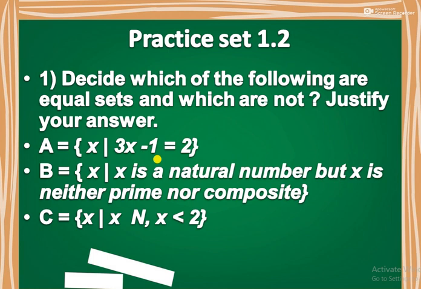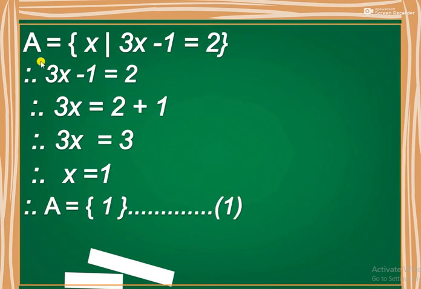For that, we have to give the reason for it. Let us see the first one. Set A is the set of all x such that 3x - 1 = 2. That means we have to solve this equation to find the value of x. If we get the value of x, then only we can get set A. So let us solve the equation.